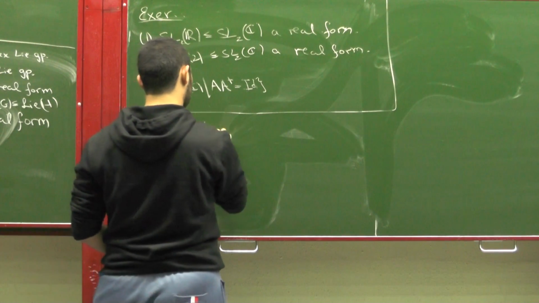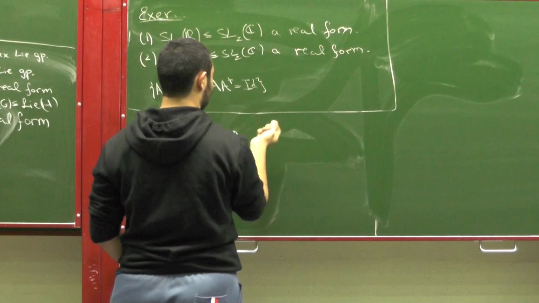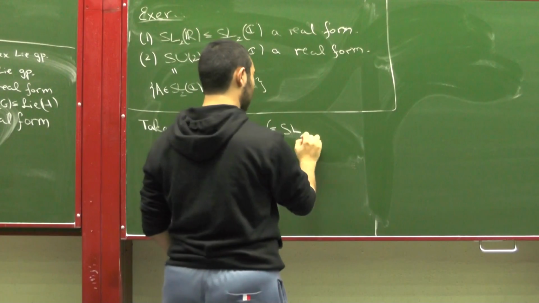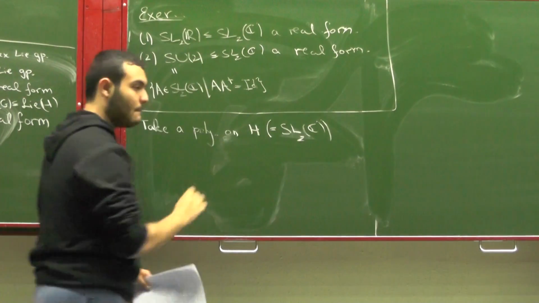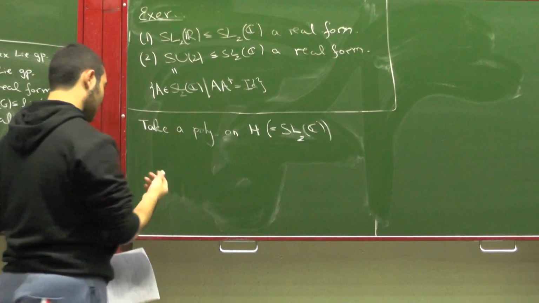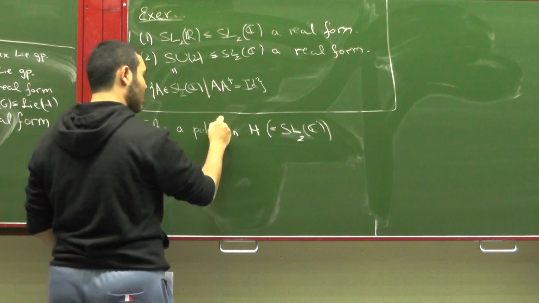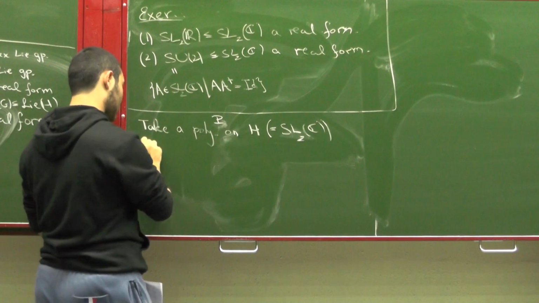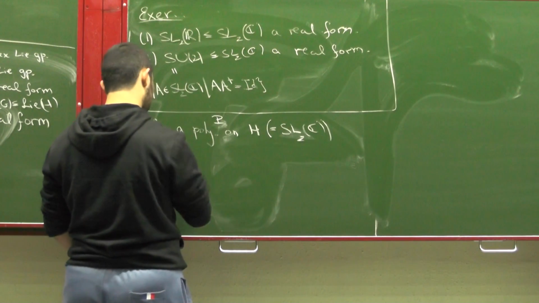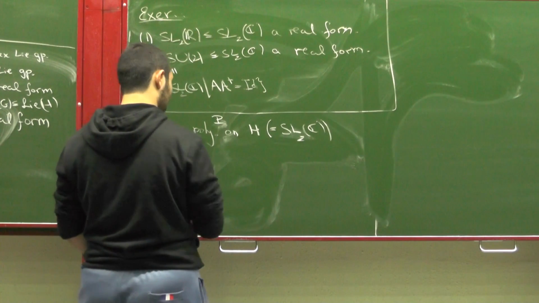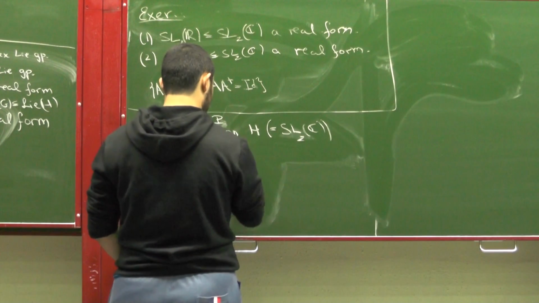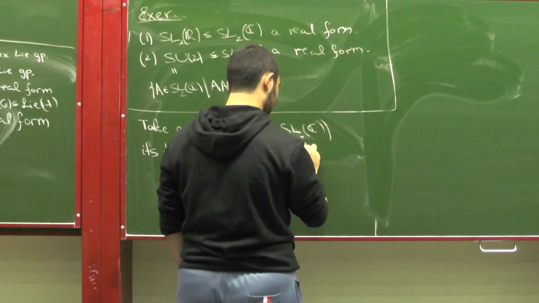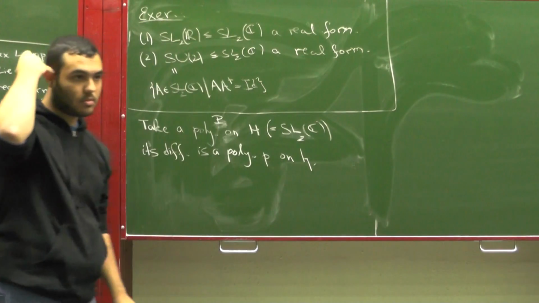So take a polynomial P on H in the story. Or think of SL2C if you like. Its differential is a polynomial small p on a Lie algebra.